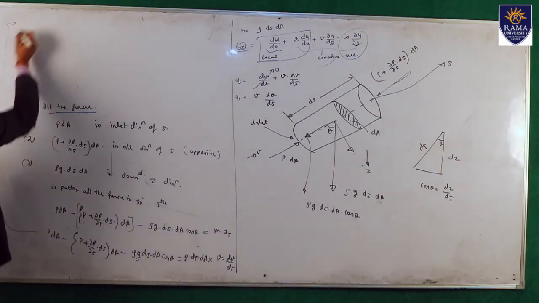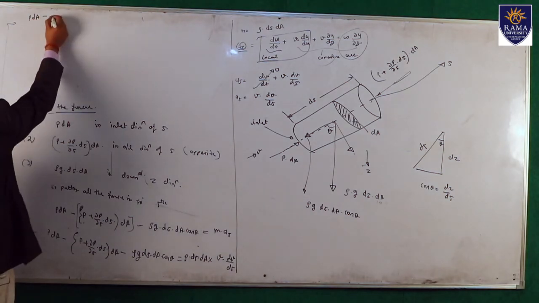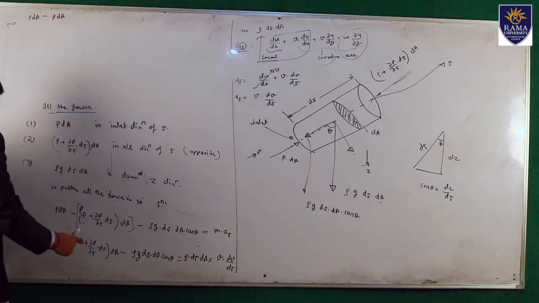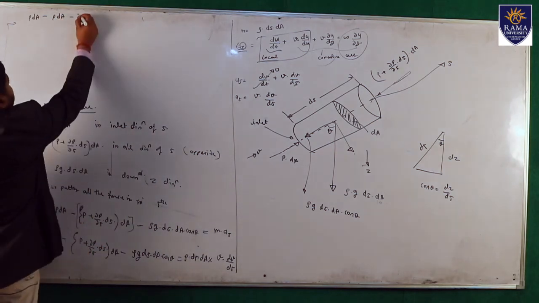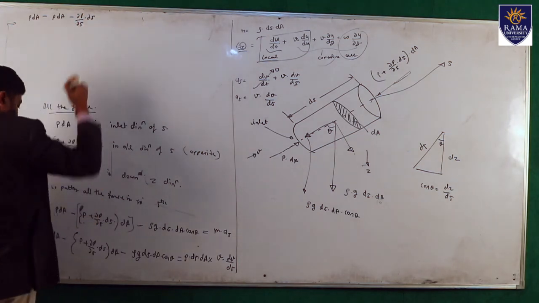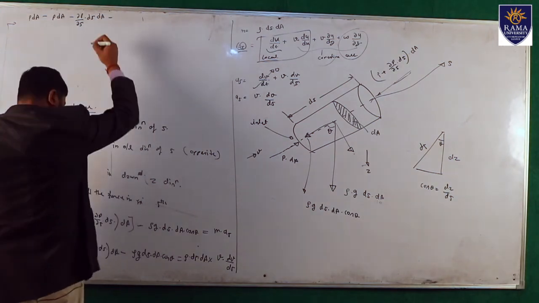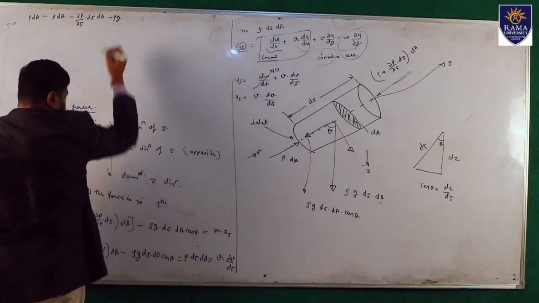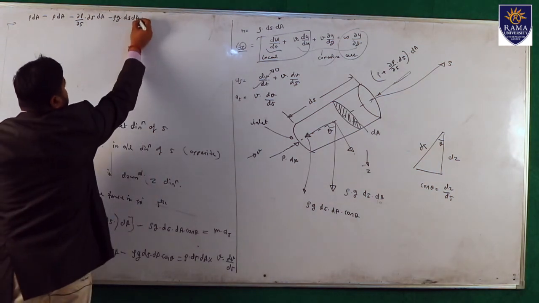Okay, so opening this equation, P dA minus P dA, this will become multiplied by this one minus del P upon del S multiplied by ds and multiplied by dA. Another thing, minus rho g ds dA cos theta.